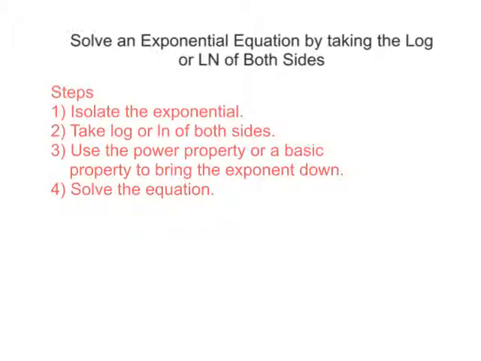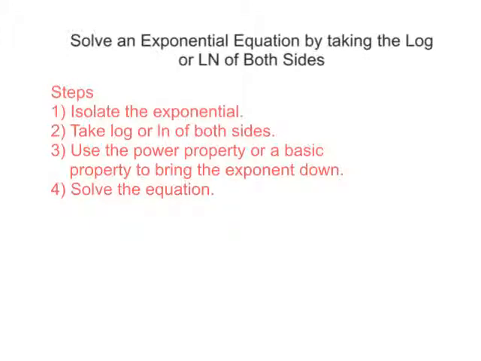Now what's going to happen in the third step, because you do that, you're going to be able to use the logarithmic properties on the sides of the equation. In most cases, you'll wind up using the power property to actually bring the exponent down.